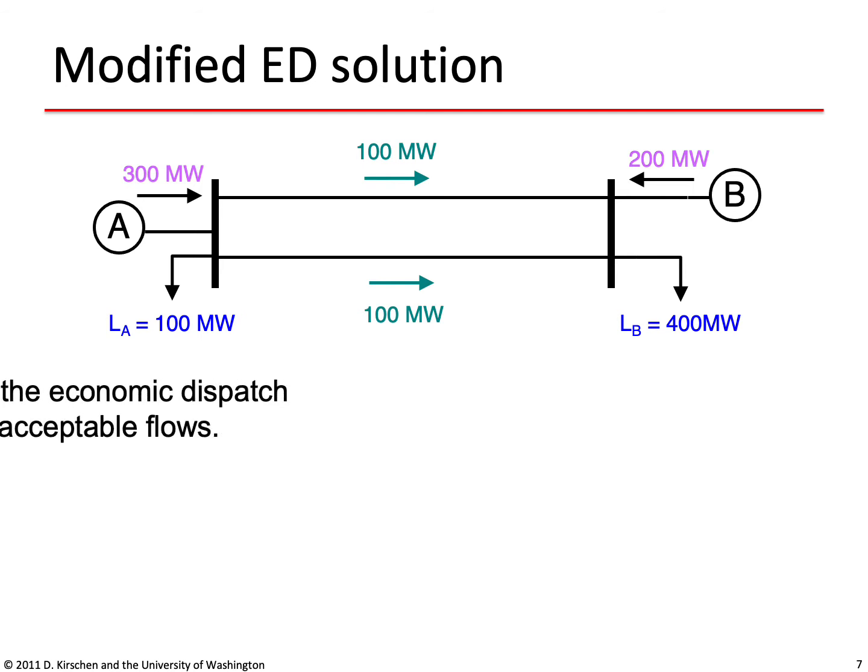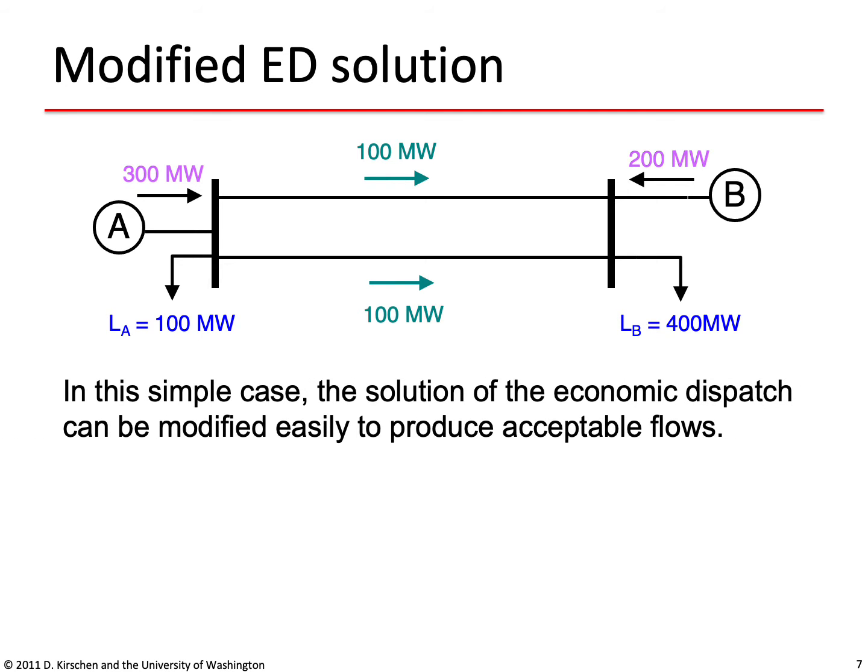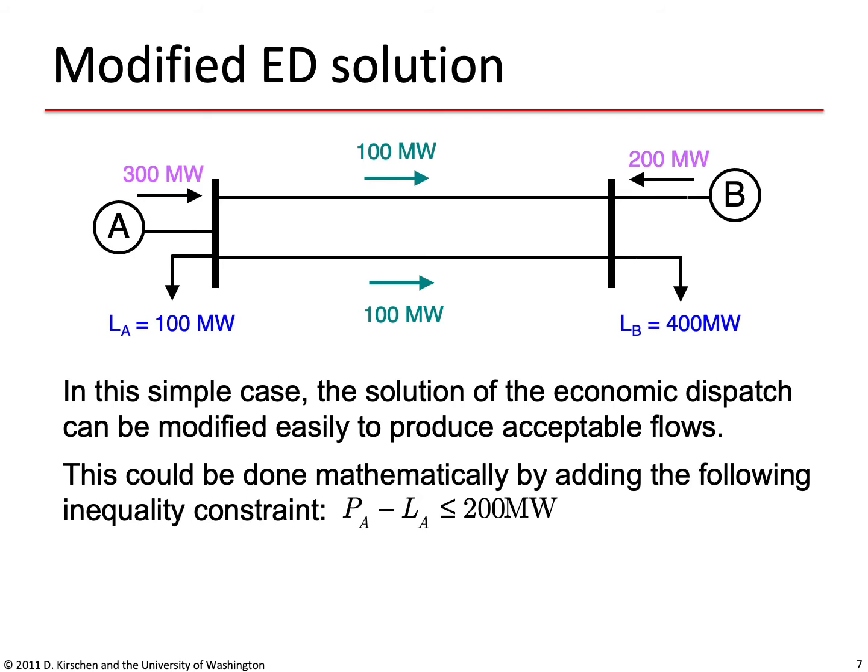So in this simple case, it's pretty easy to modify the economic dispatch to produce acceptable flows. Mathematically speaking, we can do that by simply adding an inequality constraint that specifies that we should not export more than 200 megawatts from bus A.